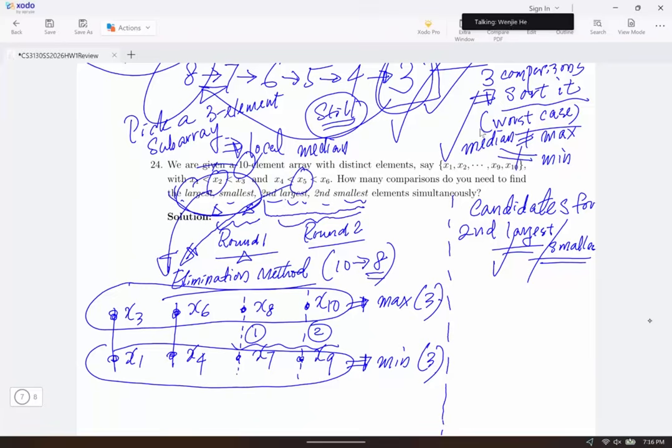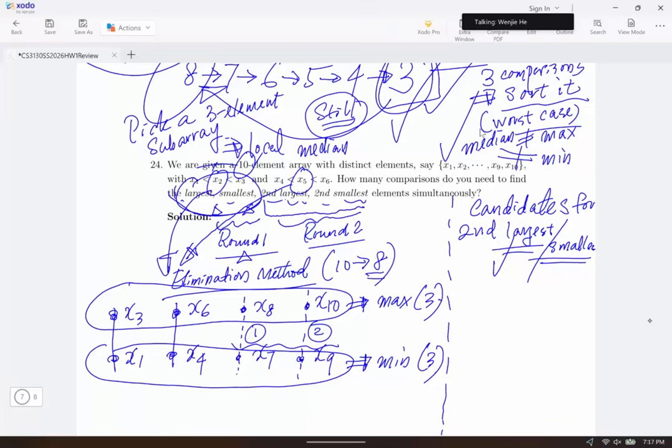Now let's consider the candidates. What are the elements that are qualified to be the second largest? We put them together in a group, then find the largest element in the candidate group for the second largest. That's the idea.